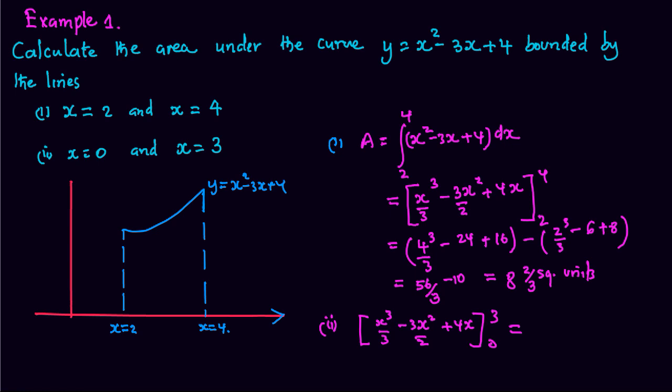It's 9 minus 13.5 plus 12. This gives us 7.5 square units.